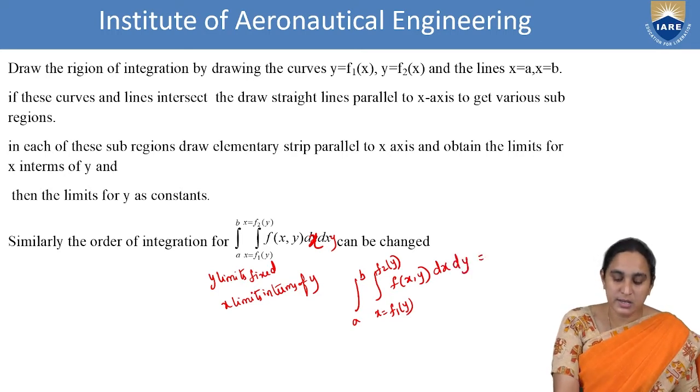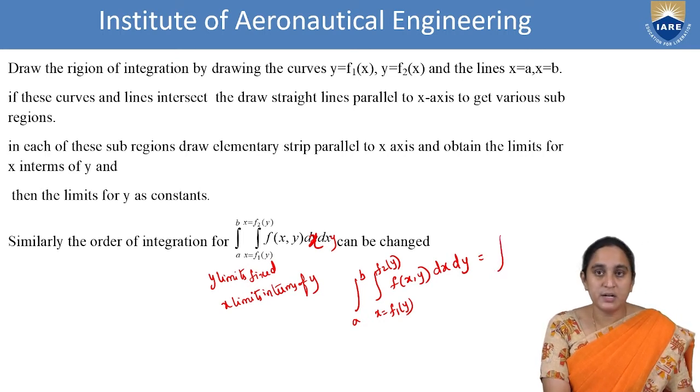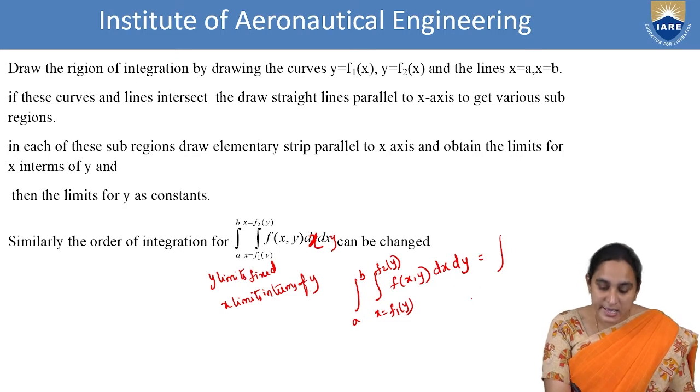Now I'll change that. Here the y limits are fixed and the x limits are in terms of y. Now I'll make x fixed and y in terms of x.